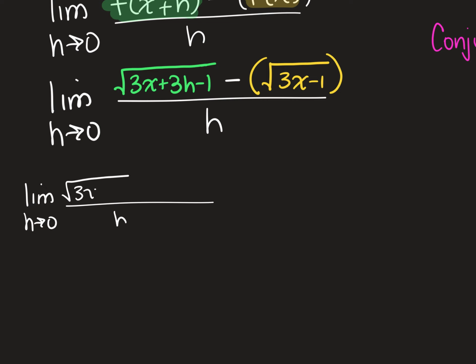So we have 3x plus 3h minus 1 minus square root of 3x minus 1. Okay, I want to multiply this guy by the conjugate of the numerator. In other words, I'm going to pick something so that when I pair it up with what's in the numerator, I create a difference of squares.